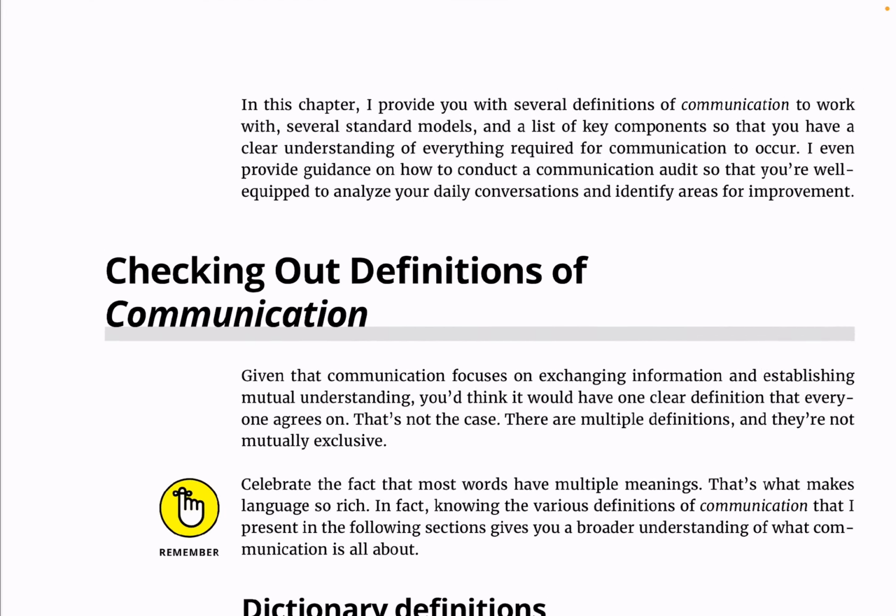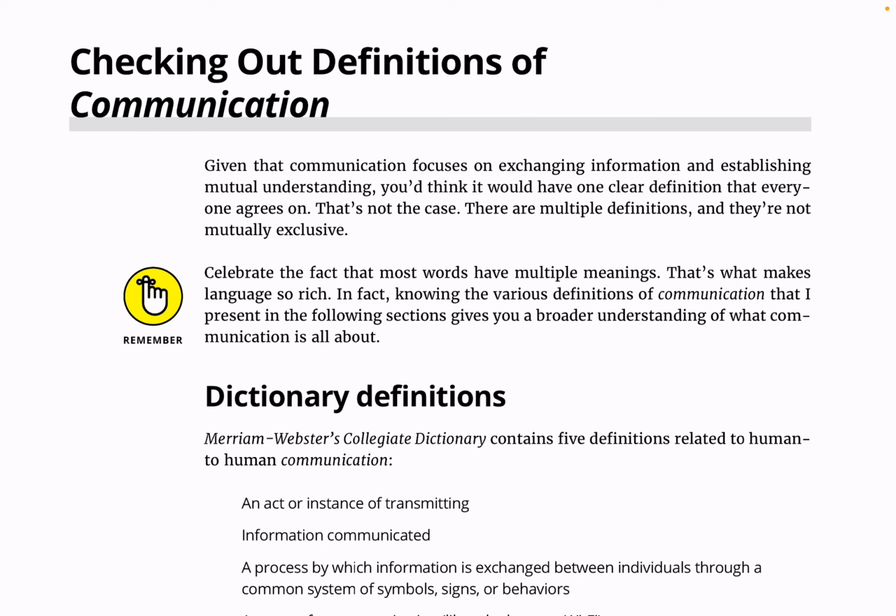Checking out definitions of communication. Remember, given that communication focuses on exchanging information and establishing mutual understanding, you'd think it would have one clear-cut definition that everyone agrees on. That's not the case. There are multiple definitions and they are not mutually exclusive.